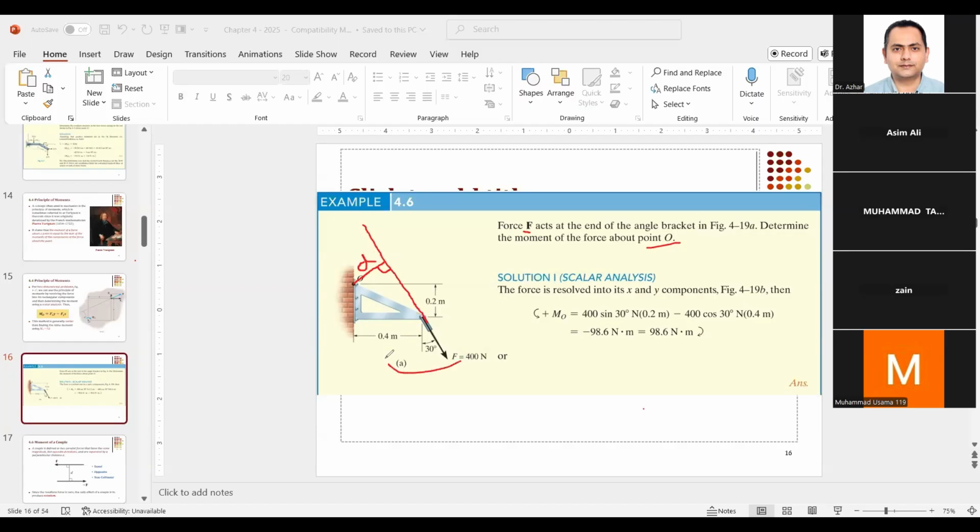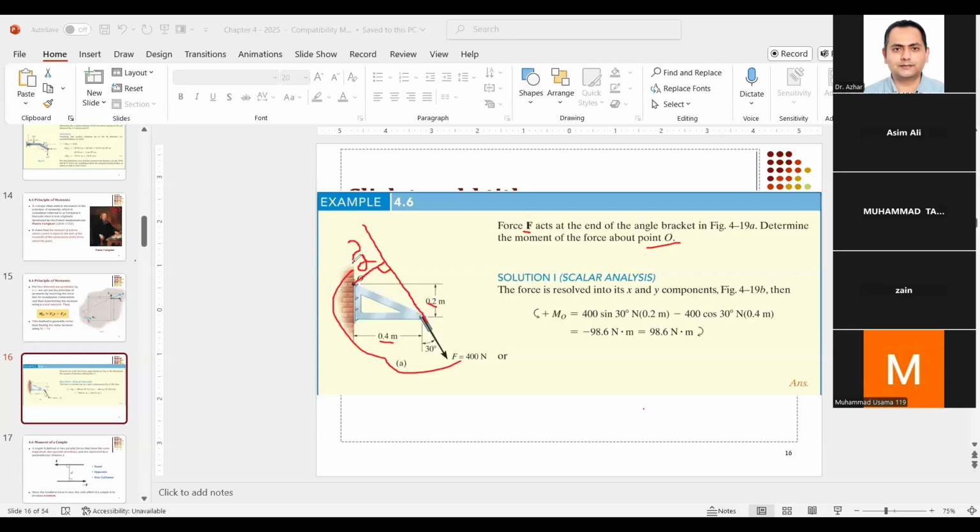Then multiply F with d, and this will give you the moment produced by F about point O. Conceptually it's okay, but the challenge is that d is very difficult to find. In the dimensions which are given, this 0.2 meter or 0.4 meter, we cannot find d. So finding d becomes a challenge. Otherwise, simply multiply F with d and you get the answer.